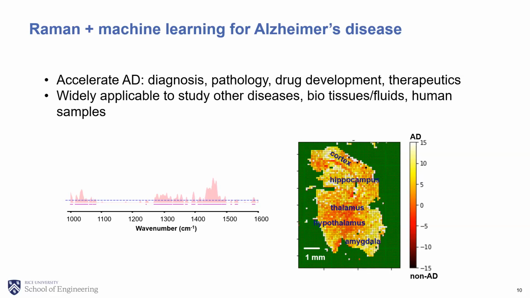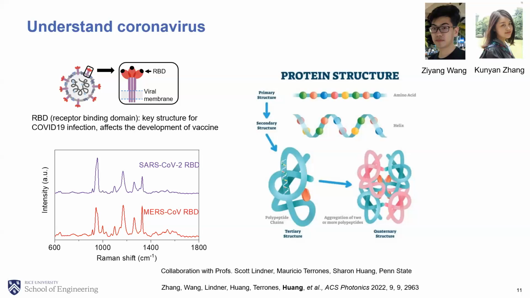The next slide. Recently, we used a similar strategy to try to understand the coronavirus. In particular, we're focusing on a structure called the RBD, receptor binding domain, which is a protein structure on the surface of the coronavirus. This RBD is the key structure for COVID-19 infection.